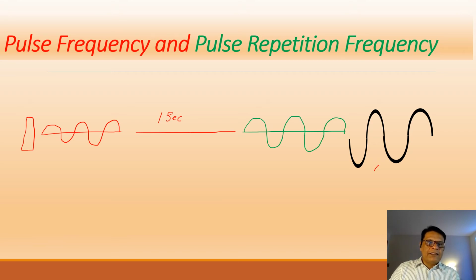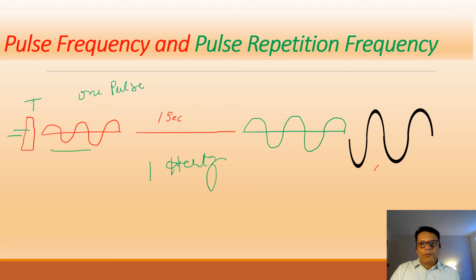So after every second, this transducer is producing one pulse. So the frequency will be 1 hertz. So the number of pulses produced each second is called pulse repetition frequency.